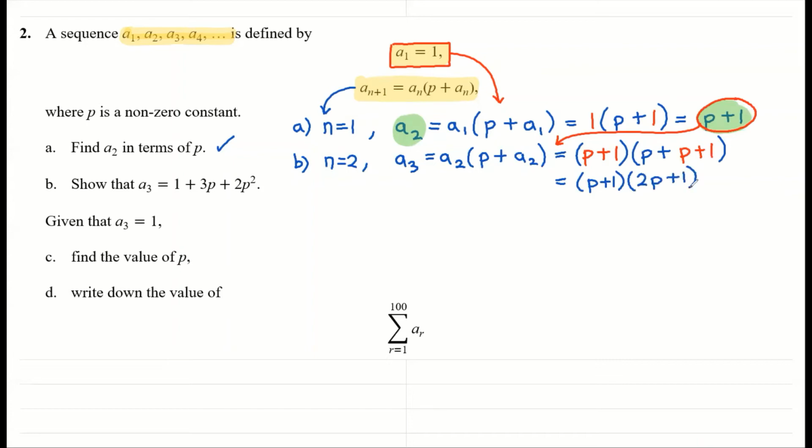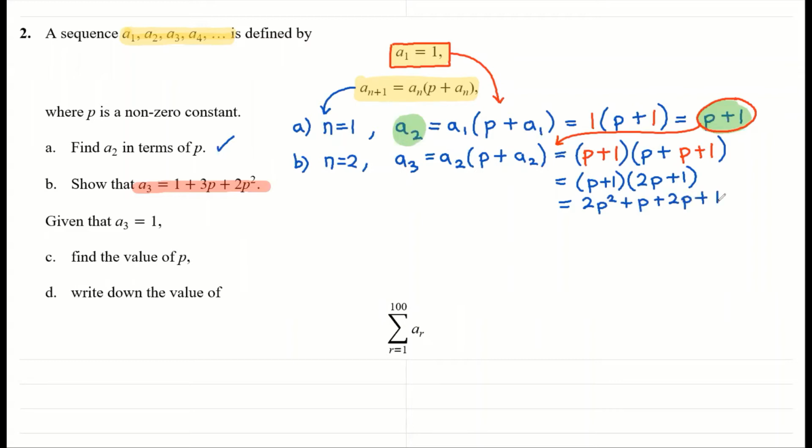Okay. And notice the question is asking us to write it in this form. So I'm going to have to expand this bracket. So let's do that. Just a quadratic, isn't it? So we're going to have 2P squared plus P plus 2P plus 1.